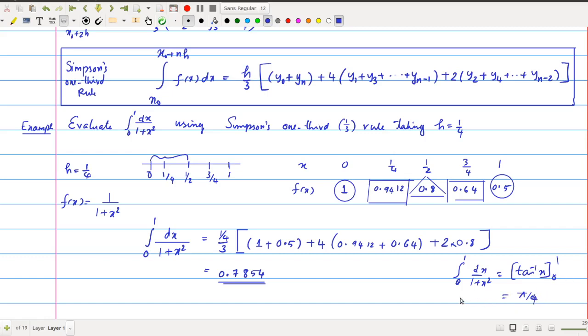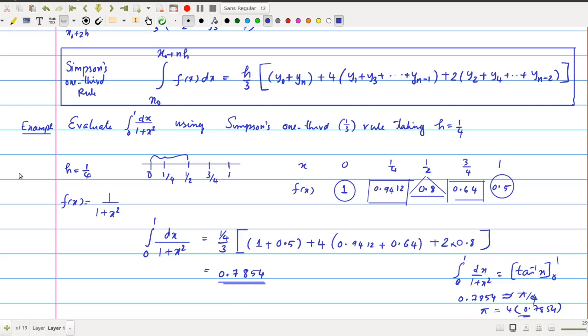In fact 0.7854 is approximately pi by 4, so this is the approximate value. From this you can also get the approximate value of pi, that is 4 times 0.7854. So this can be used to evaluate the approximate value of pi also. This is an illustrative example of Simpson's 1/3 rule.